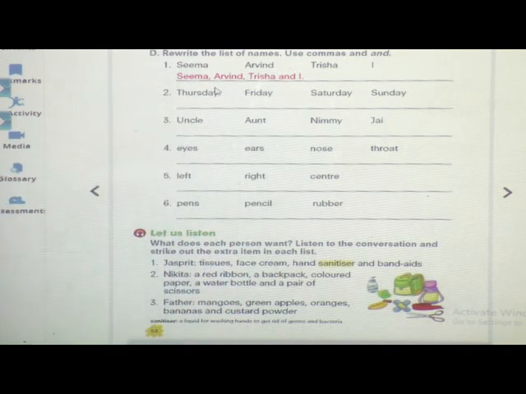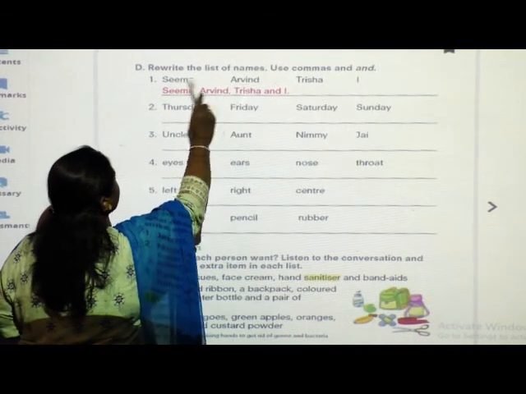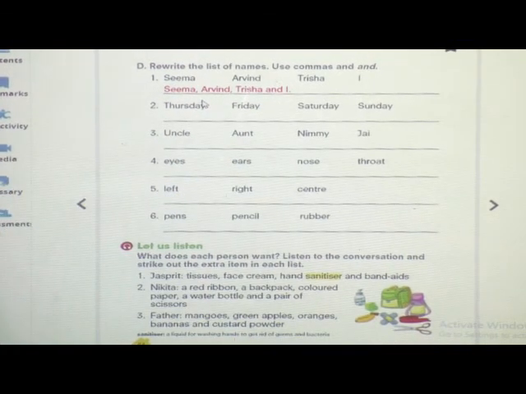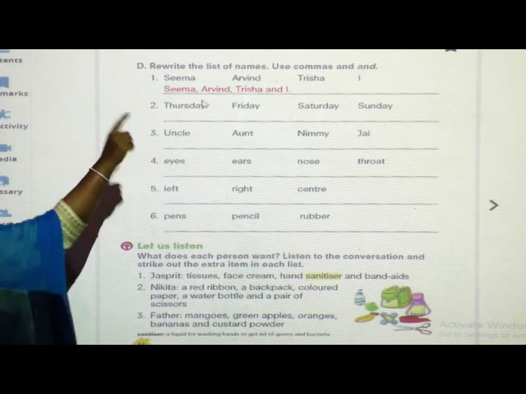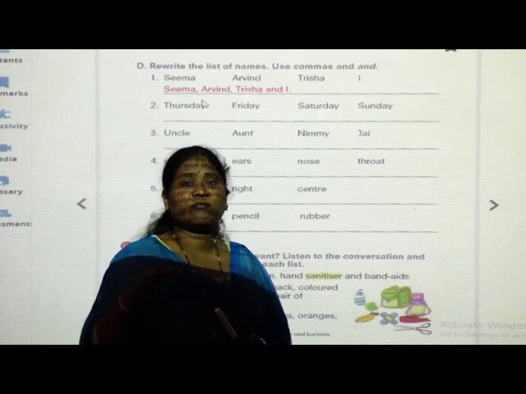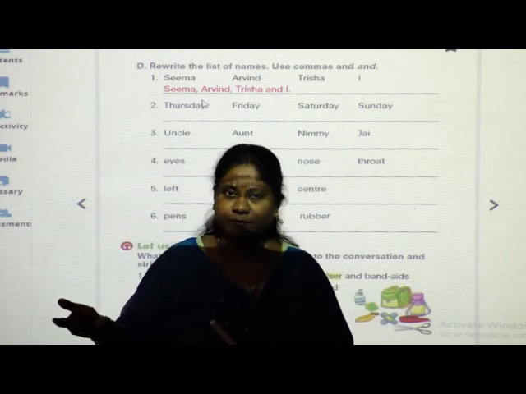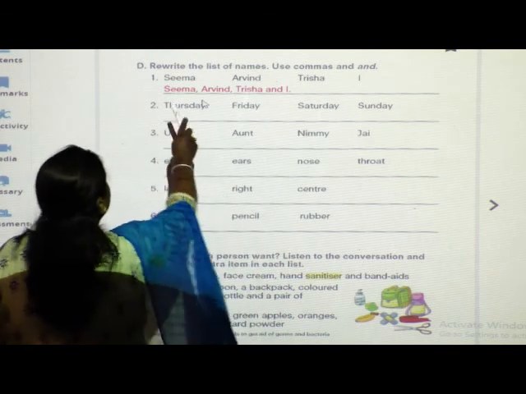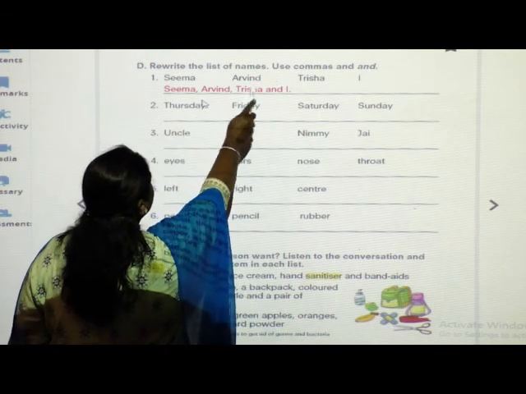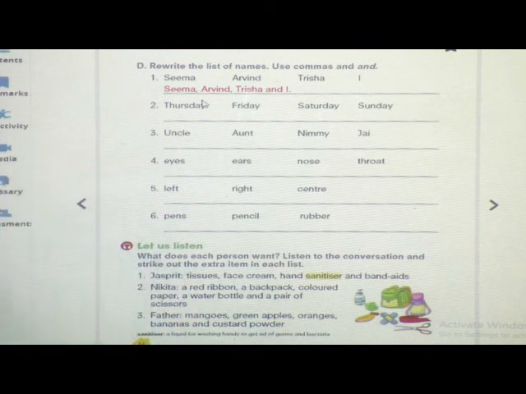Yes children, the first one, Seema, Arvind, Trisha, I. Can you see the names of the people? So in this question, children, you have to use commas and and. Seema, comma, Arvind, Trisha and I. So the first one is done for you.